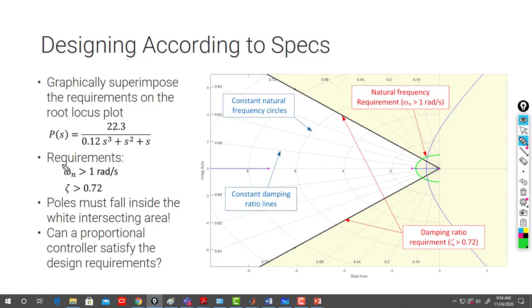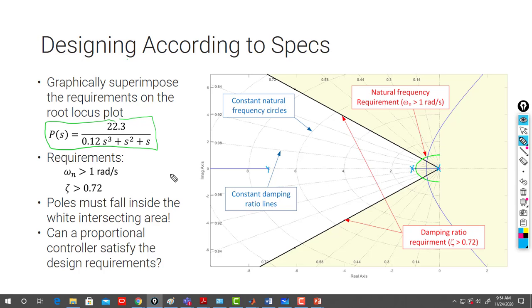This is my system. It's a third order system, then I should have 3 branches. So at k equals 0, I have 3 poles here, and a pole here. So now I start moving.